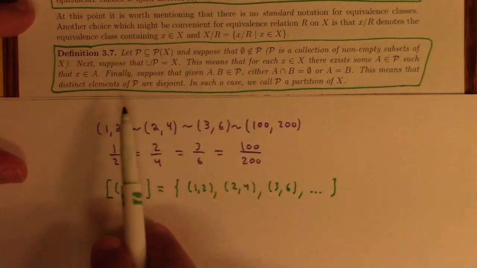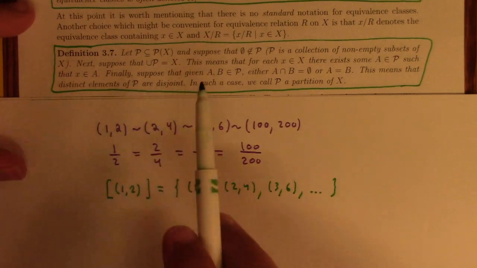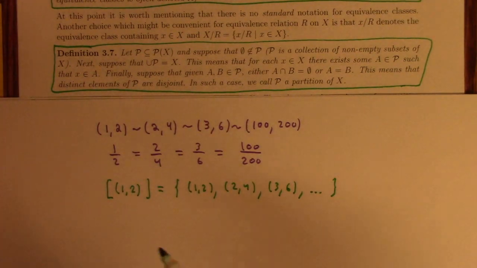So that means the distinct elements of P are disjoint. In such a case, we say P is a partition of X.